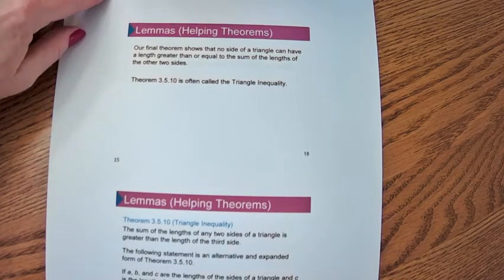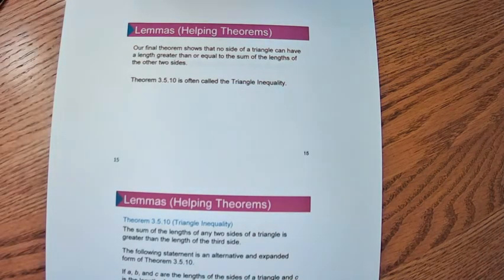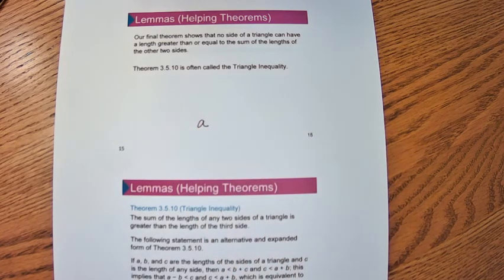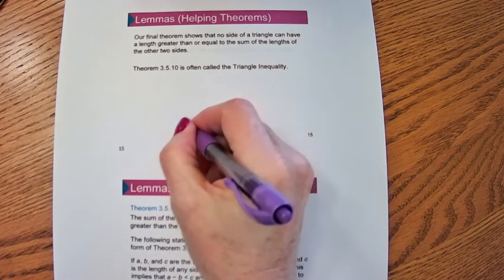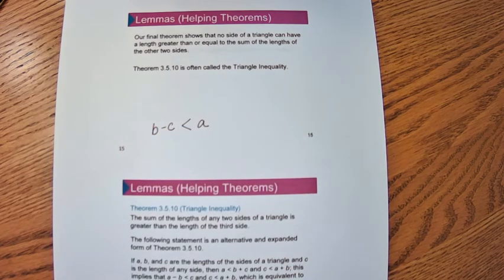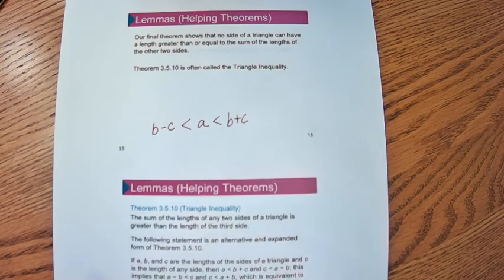So the last inequalities that we want to talk about are in a single triangle, what's the relationship between the side lengths? You have three side lengths, A, B, and C. Side length A is always going to be greater than the difference of the other two sides, and it's always going to be less than the sum of the other two sides.